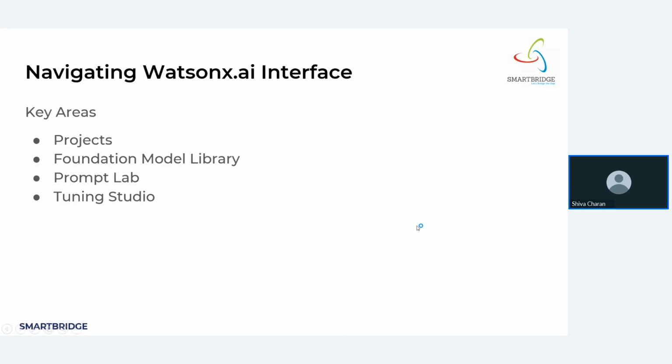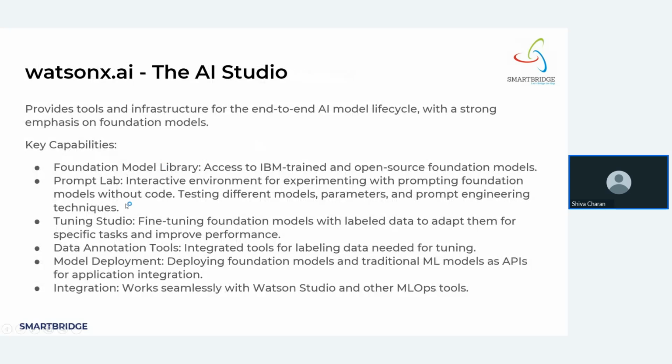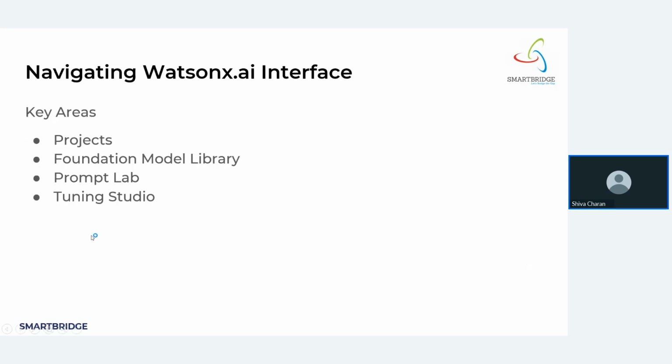So navigating Watson X AI, what are the key areas? We have seen the tuning studio, the prompt lab, and a specific area for the foundation models library. Model deployment we'll be doing through API keys only. So what are we seeing over here?